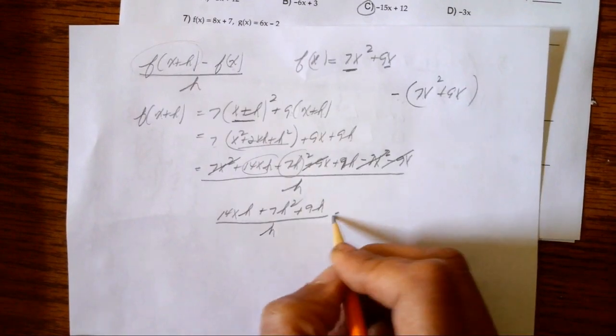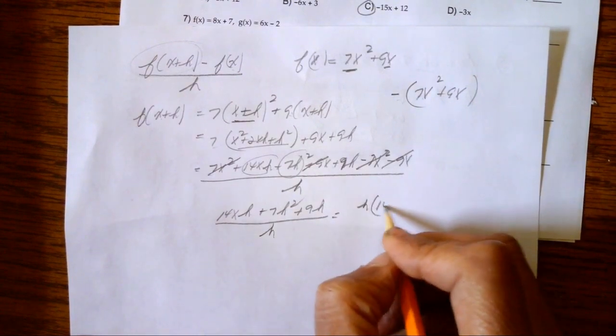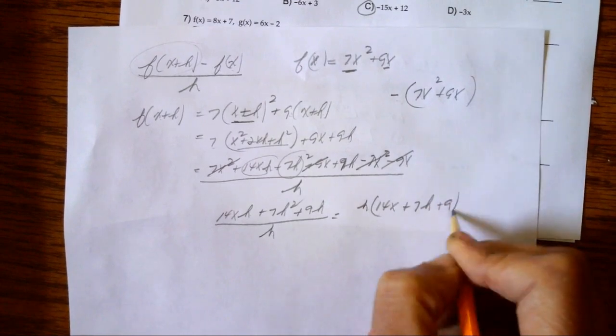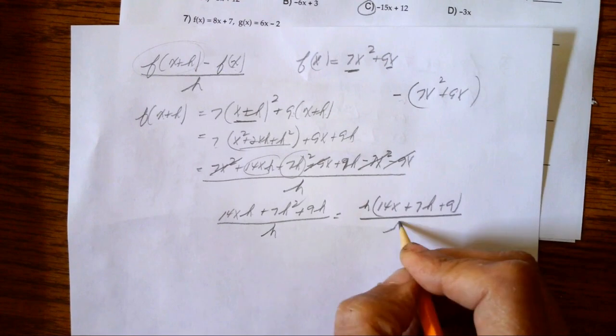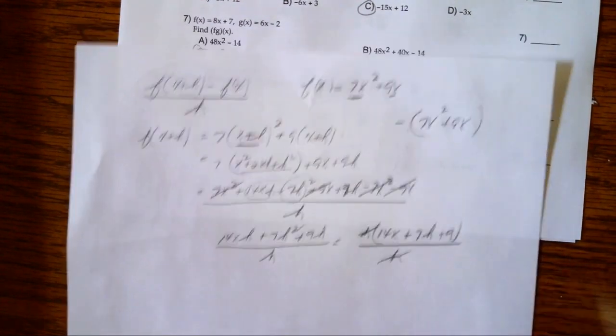Now, here again, if I've done this properly, every term in the numerator should have an h common factor. 14x plus 7h plus 9, factoring out that h. And then finally, the h's cancel out.